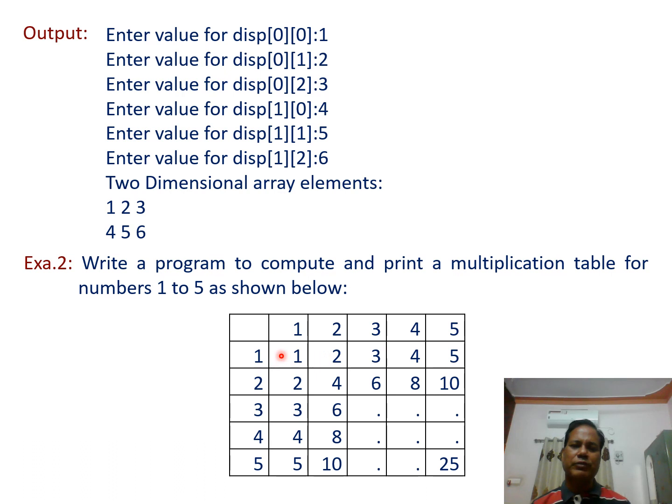That is, first row and first column, 1 into 1 gives 1. First row second column it is 2, then 3, like that.